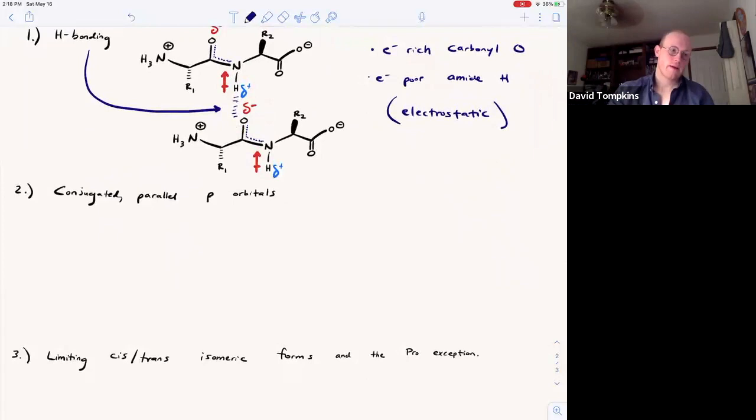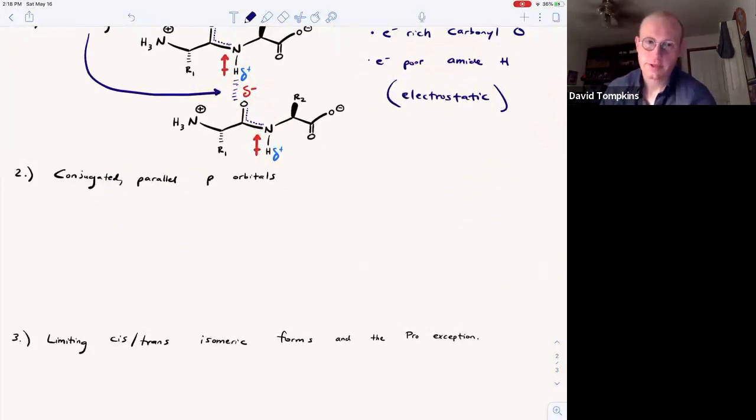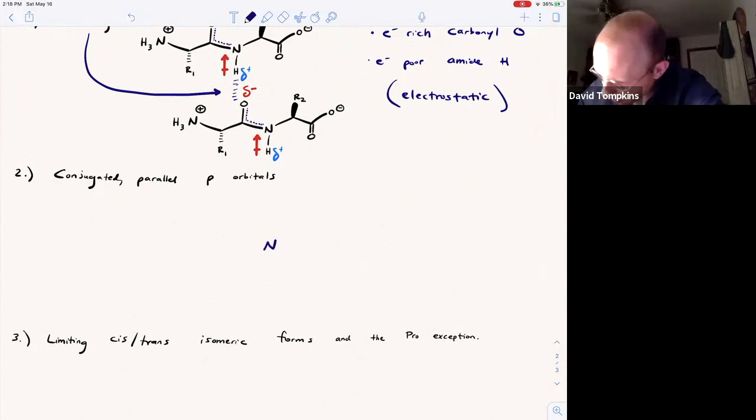So in order to have this zwitterionic resonance form as an important resonance structure, we must ensure that the nitrogen of the amide, along with the carbonyl carbon and the oxygen, all must be coplanar, as we mentioned above.